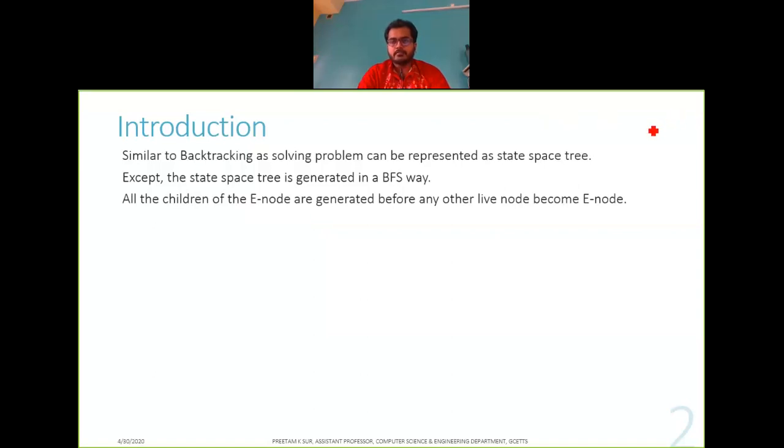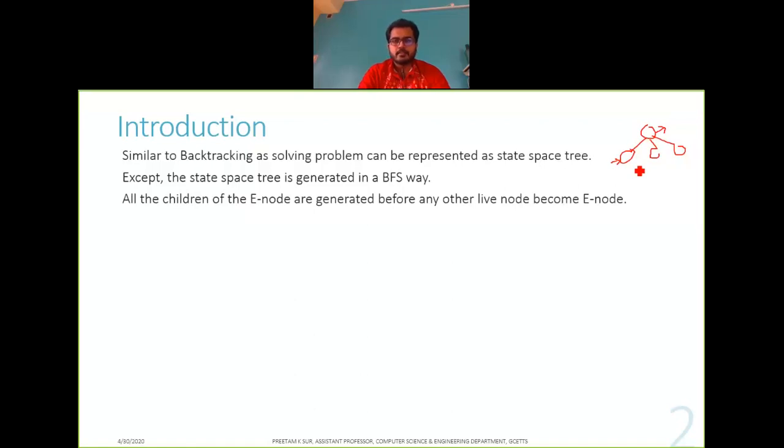So for a node, all the possible children are generated first, and then only we move. Until all the children are generated, it remains the e node. Once all the children of it are generated, then any of the children becomes the next e node for expansion.